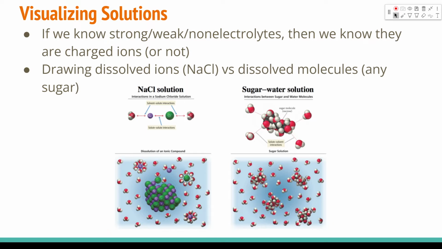And so here, for example, you have a salt, in this case, the good old sodium chloride salt. You should be able to draw what kind of interactions are happening. So we have the NaCl, we have our ionic bond, versus the IMFs of water to itself, the hydrogen bond.